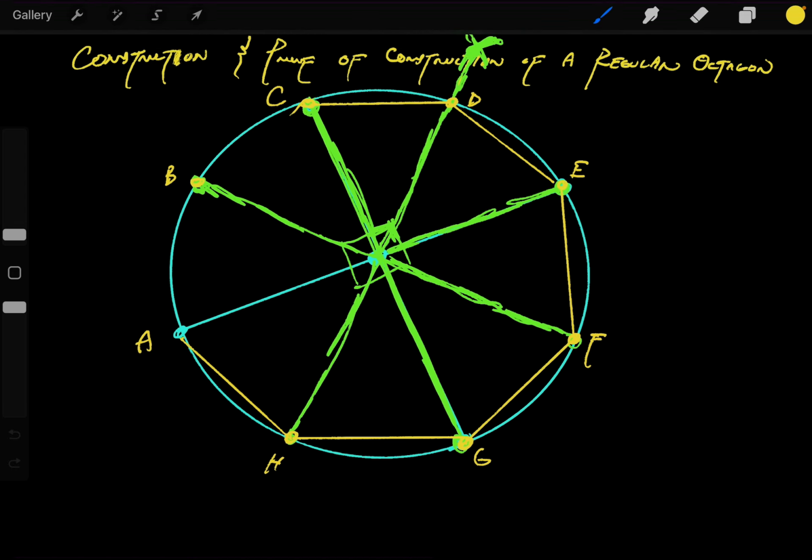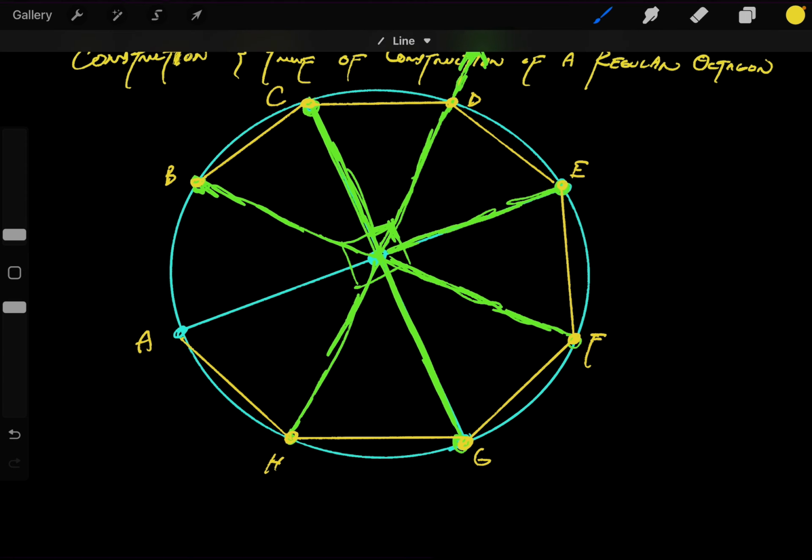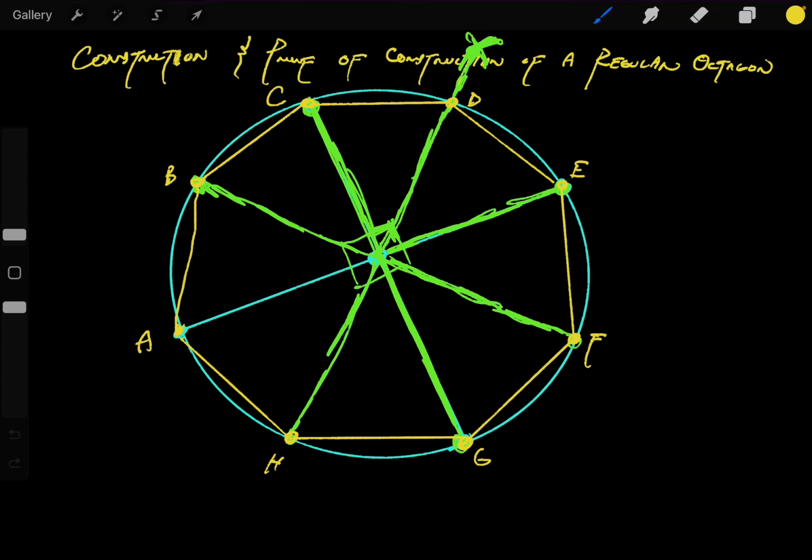In order to do that, the first thing I'm going to prove is that these 8 triangles are all congruent. I could say that these are all congruent.